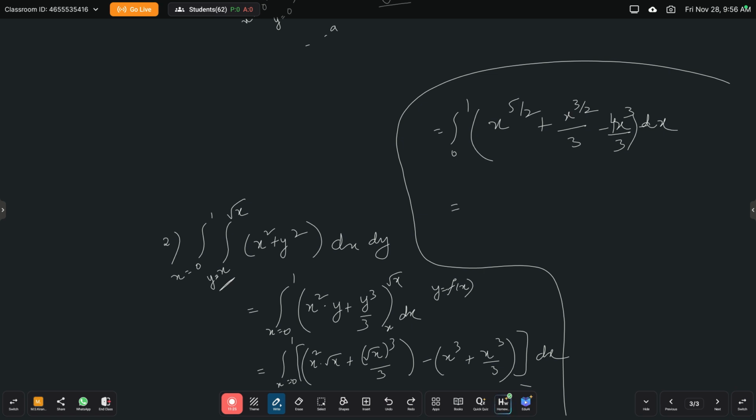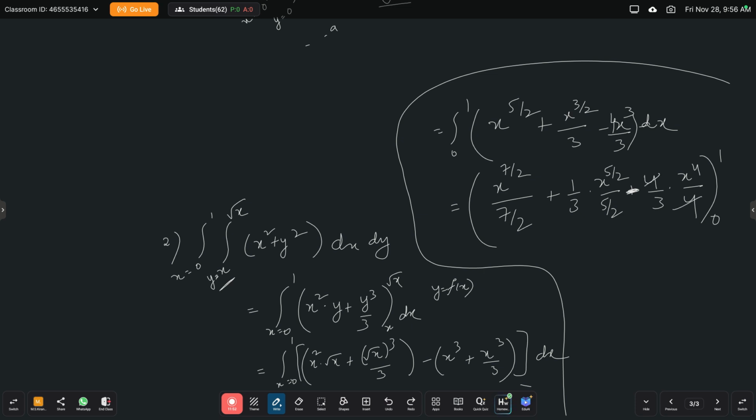Now integrate with respect to x. x power 5 by 2 plus 1 gives x power 7 by 2 over 7 by 2. Next 1 by 3 into x power 5 by 2 over 5 by 2, minus 4 by 3 into x power 4 by 4. Limits are 0 to 1.